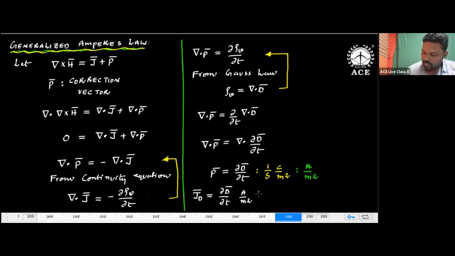This is displacement current density. Time varying electric field is also giving current.